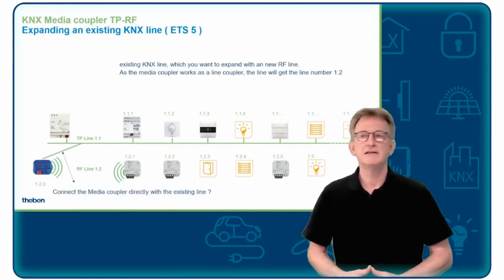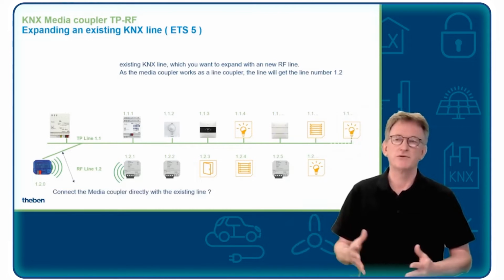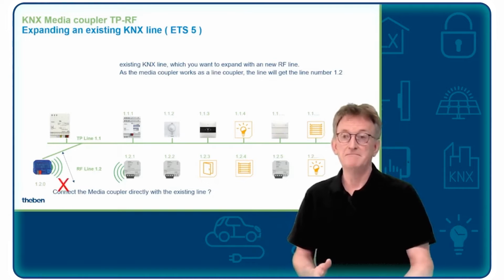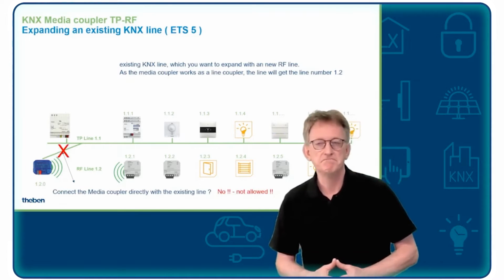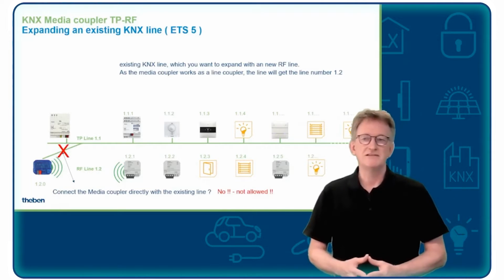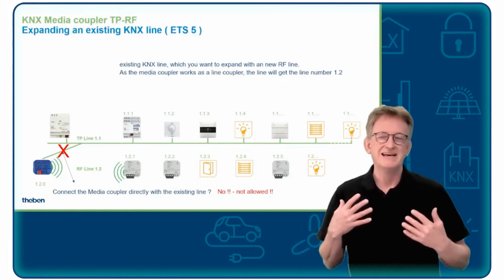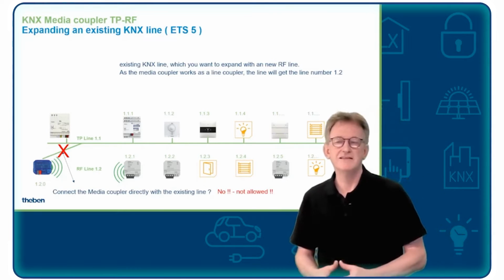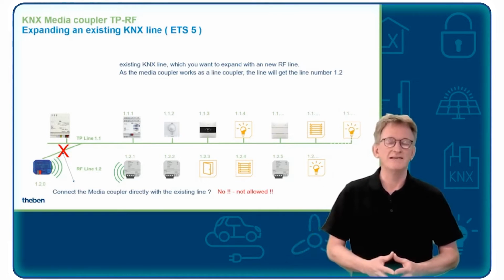Is that the right way to do it? Can you really connect your media coupler directly to the existing line? Probably it might work, but no guarantee. But what's definitely true is that you are breaking the topology rules of KNX. So to be honest, it's not a valid solution.